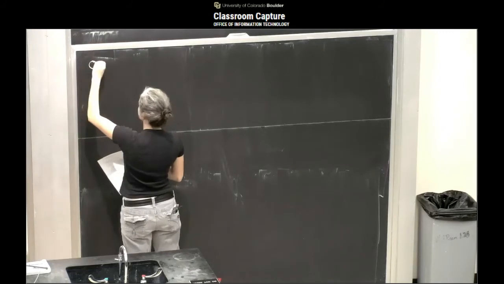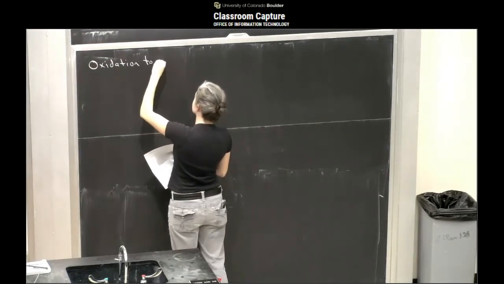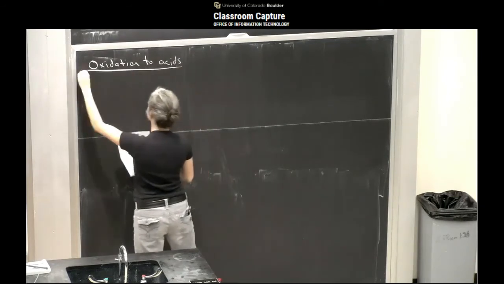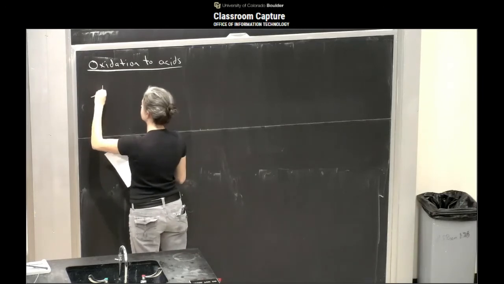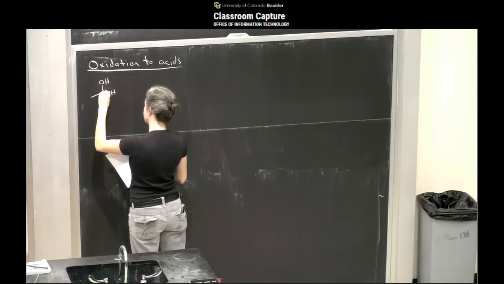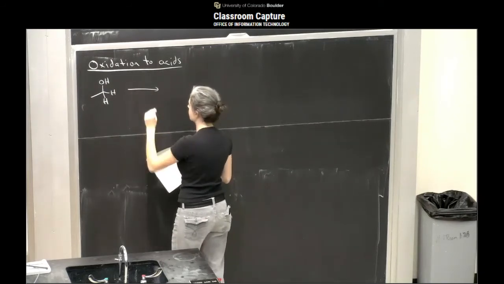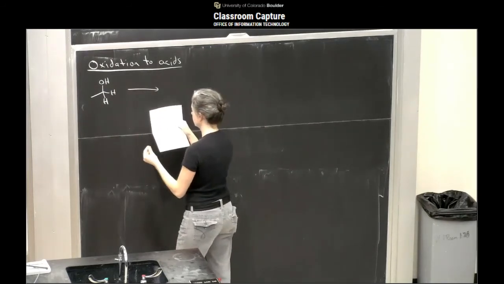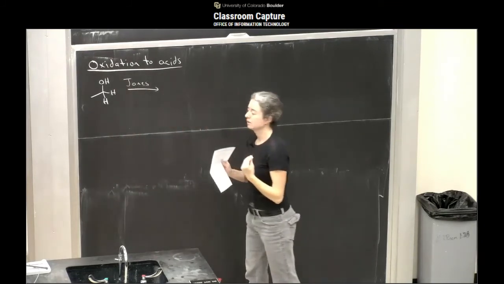And I guess this one is really a review of one from OChem 1. But we're looking at it in a different light now. And that is oxidation to acids. So we already know that if you take a primary alcohol and you do some sort of strong oxidizer, let's just write it as Jones, for example.